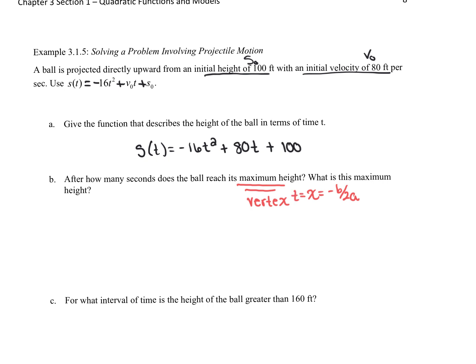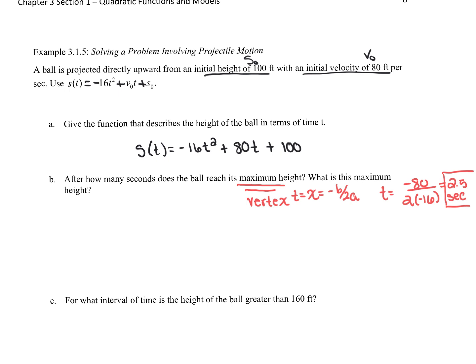So if I want to find this, t equals negative b, or the opposite of b, so negative 80, over 2 times negative 16. A negative divided by a negative is a positive. You're going to have 80 divided by 32. 80 divided by 32 is 2.5 seconds. So that's your first answer. After how many seconds does the ball reach maximum? After 2.5 seconds.